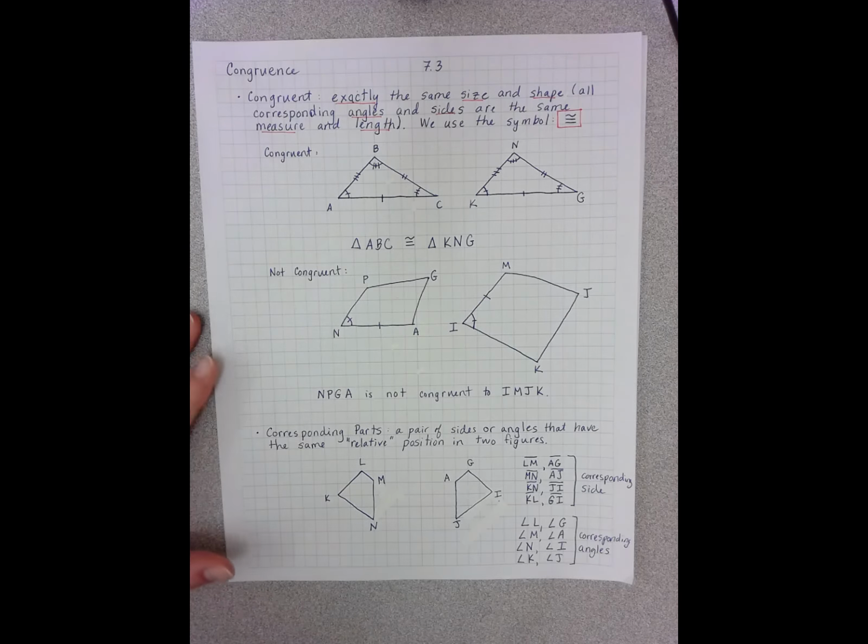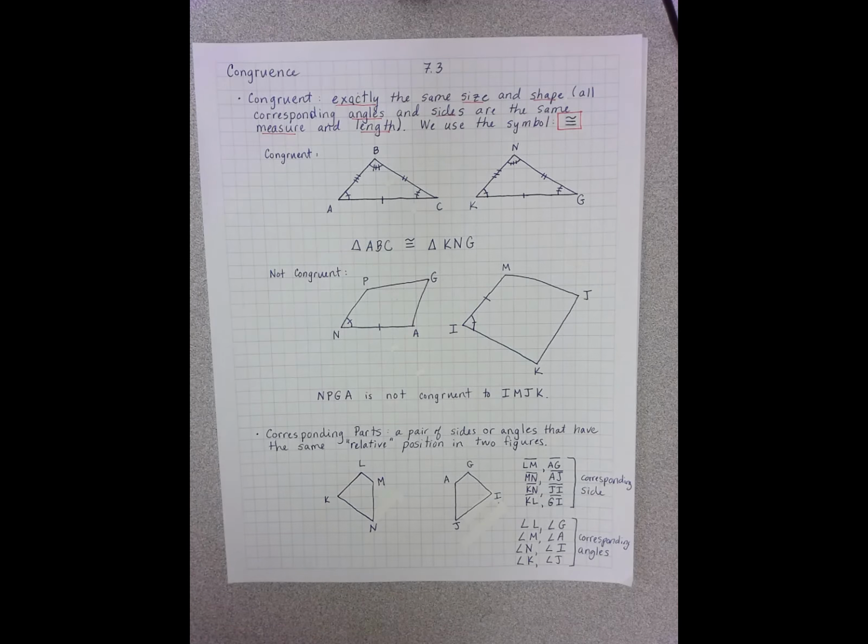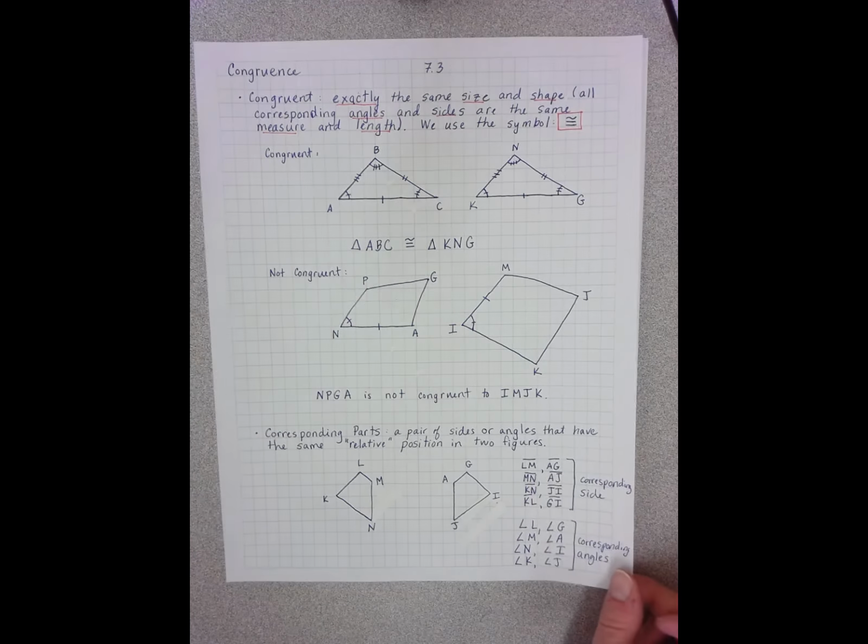Again, they don't have to be congruent, they just have to look like they're sitting in about the same spot, so they possibly could be congruent. But I don't know for sure because there are no markings on these pictures.